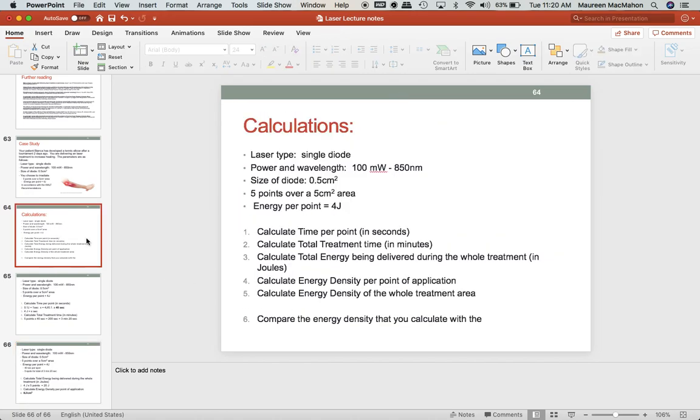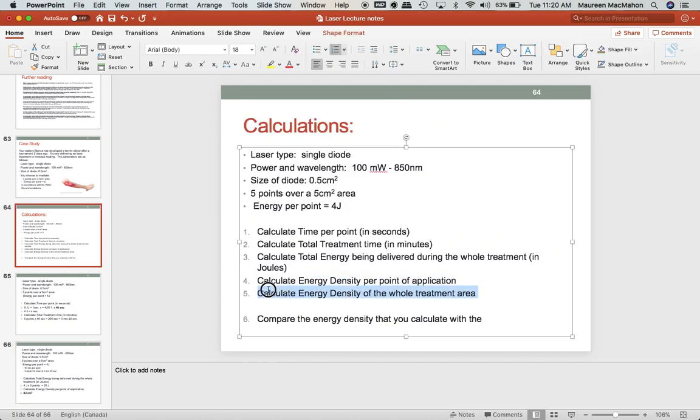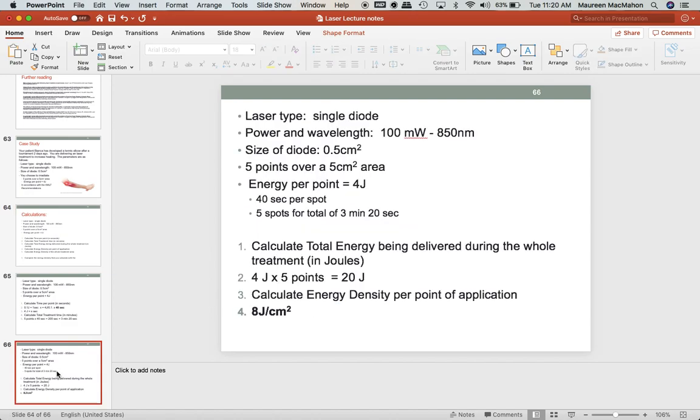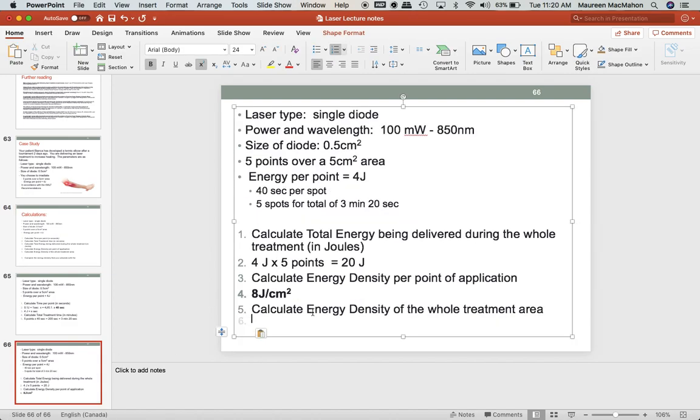We said that we had 20 joules for the whole treatment, and that's over a total area of 5 centimeters squared.